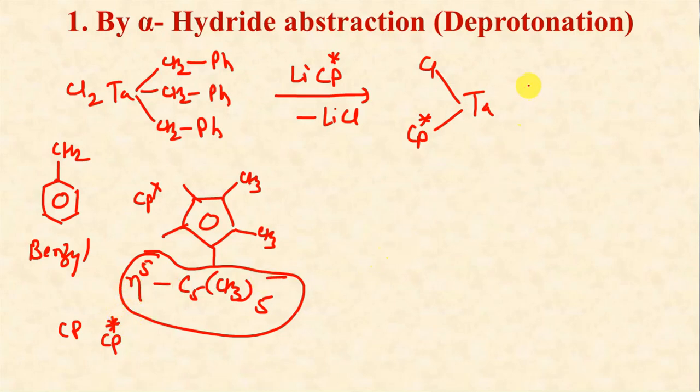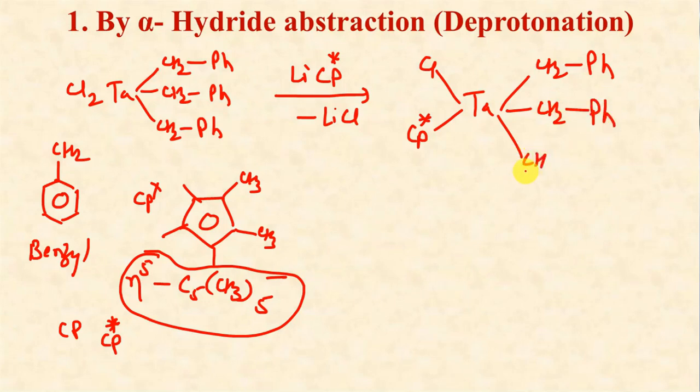Here we have these 3 benzyl substituents CH2Ph, CH2Ph, and at this position I will separate this one H so that it can be conveniently shown that there is hydride abstraction. So now what is lost here? PhCH2 and one H at this position.